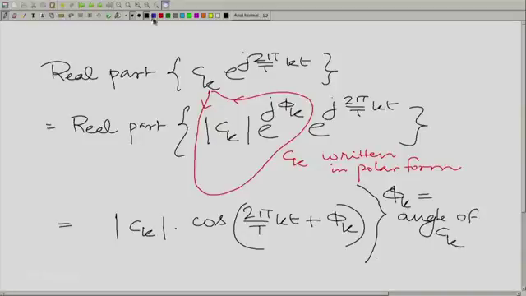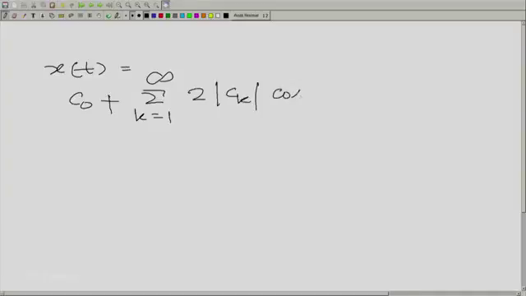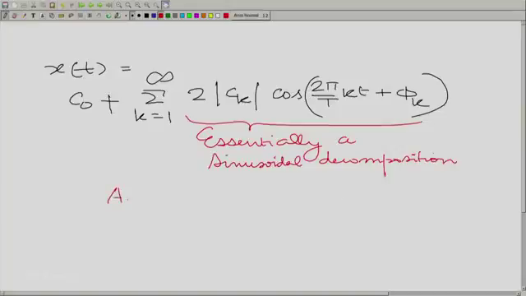So, overall we have x(t) is then C0 plus summation k going from 1 to infinity 2 times mod Ck cos of 2 pi by T kt plus phi k, and here essentially we have a sinusoidal decomposition. So, essentially here Ak is 2 mod Ck and phi k is of course as it is.